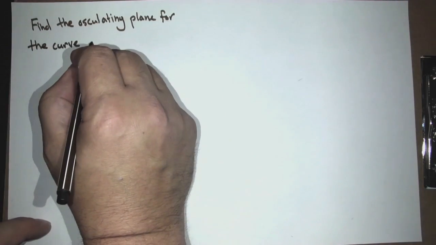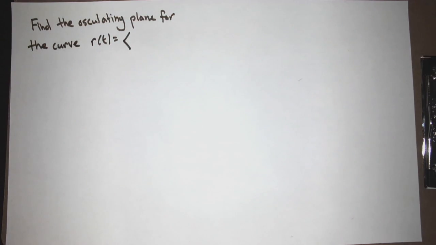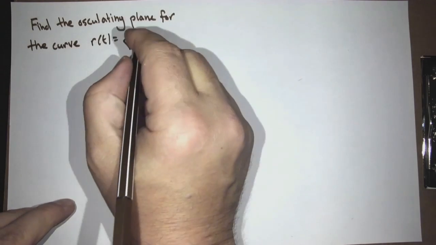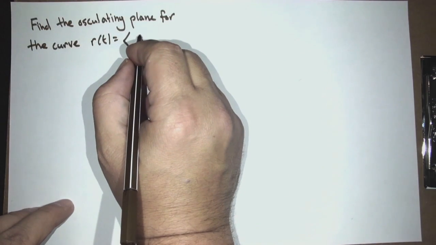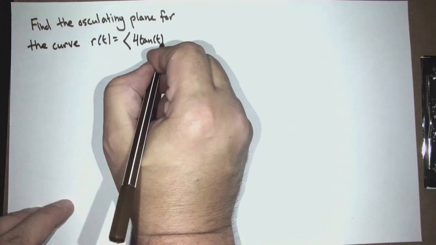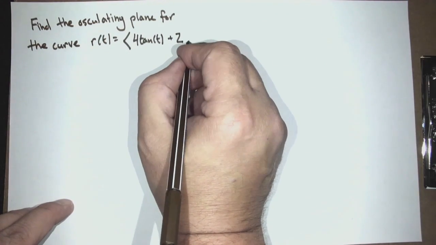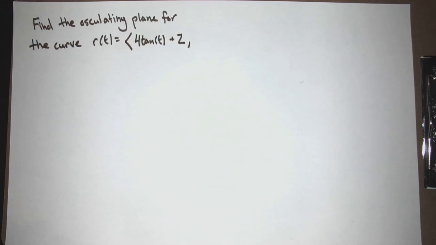For the curve, r of t equals. So what will be the x-coordinate? Tangent of t. Interesting. Should we throw a number in front of it? 4 tangent of t. Maybe we should throw one more thing in here so it's not so lonely. How about a 2? 4 tangent t plus 2.